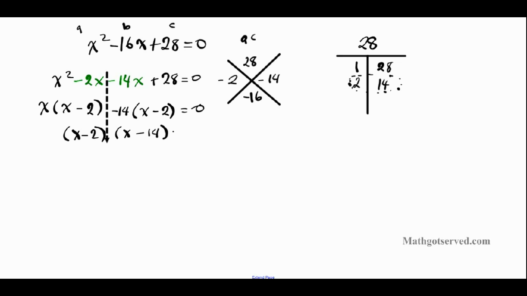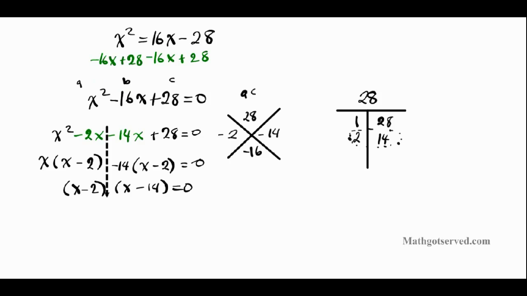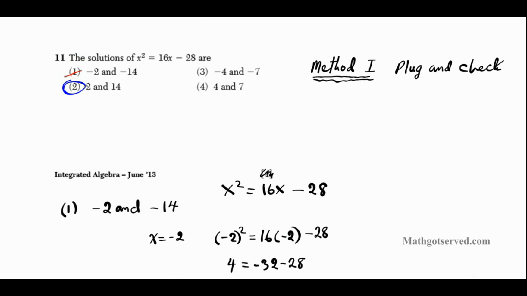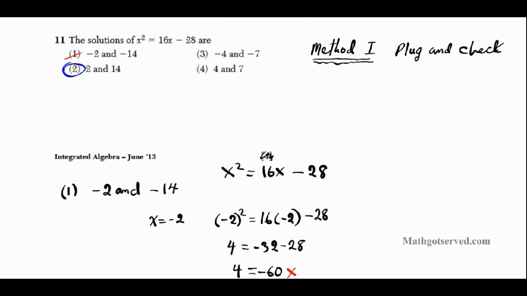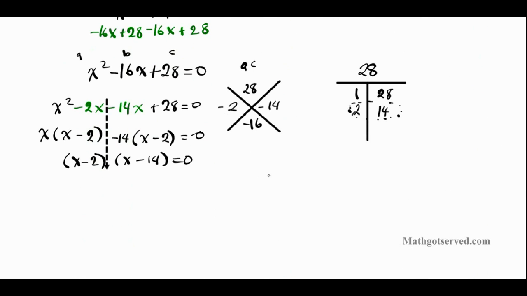Okay? Now, when some people get to this step of factoring, they say, oh, the roots are negative 2 and negative 14. And guess what? They go ahead and select option number 1, negative 2 and negative 14. That's inaccurate, okay? Because you have to do some more work. You have to apply the zero product property, okay? So how you do that is you set x minus 2 to 0 and x minus 14 to 0, and then you solve.